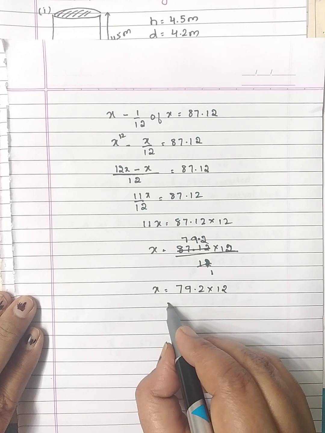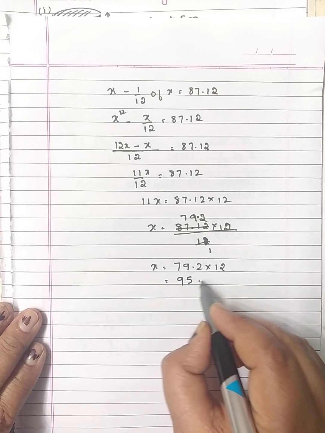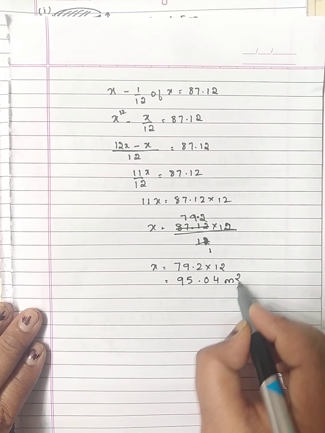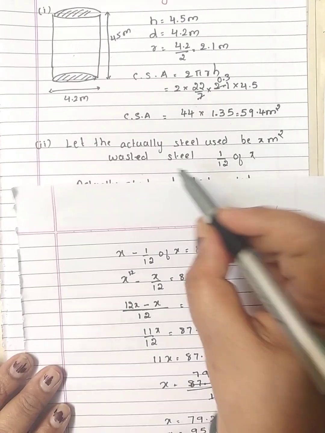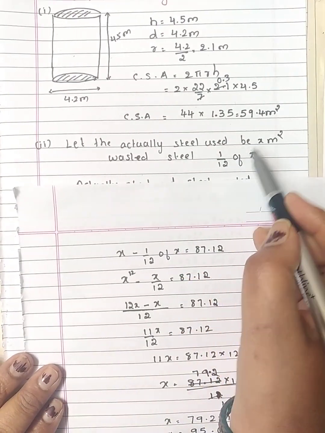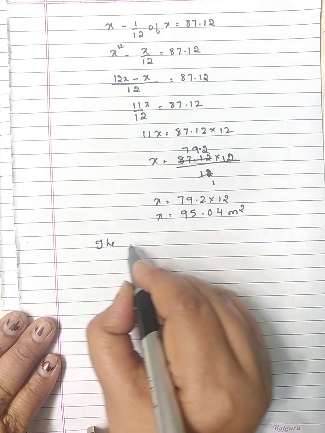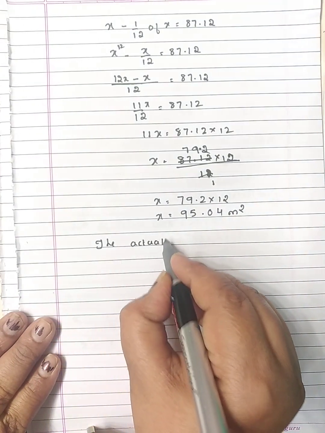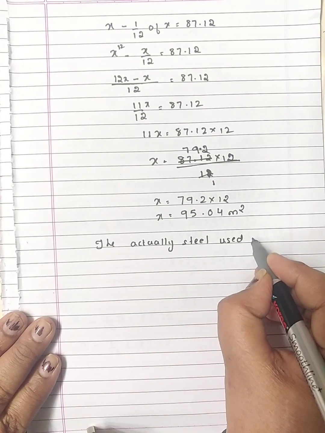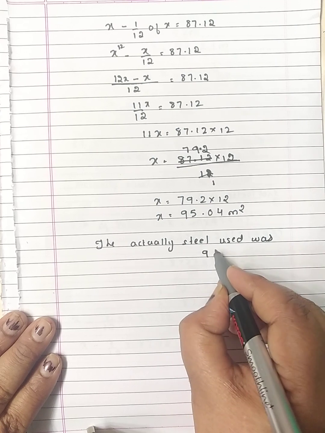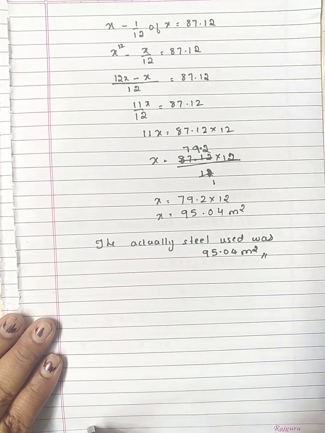When we multiply here, we get the answer 95.04 meter square. So what is x? x is the actual steel used, and that is what the question asks. The actual steel used was 95.04 meter square. So this is the answer.